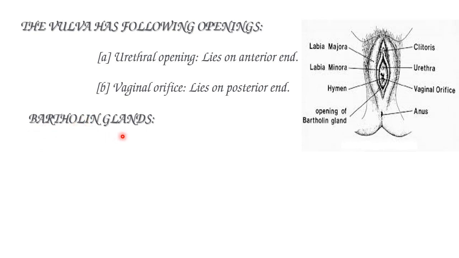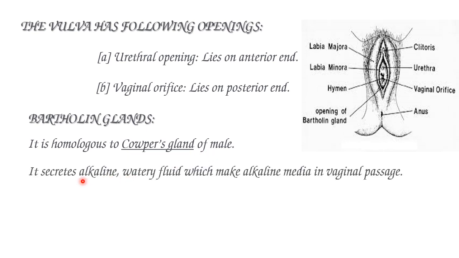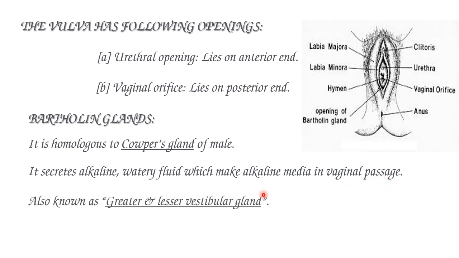Bartholin glands. These Bartholin glands are homologous to Cowper's glands or bulbourethral glands of male. This Bartholin gland secretes alkaline watery fluid which makes an alkaline medium in the vaginal passage.